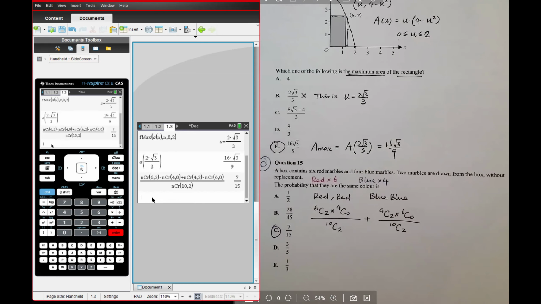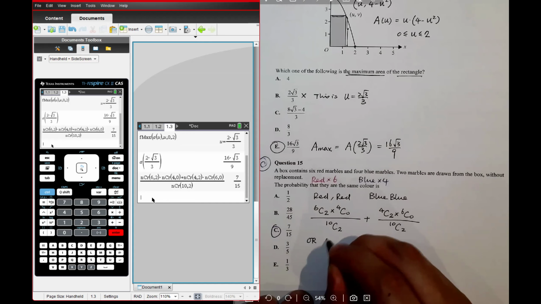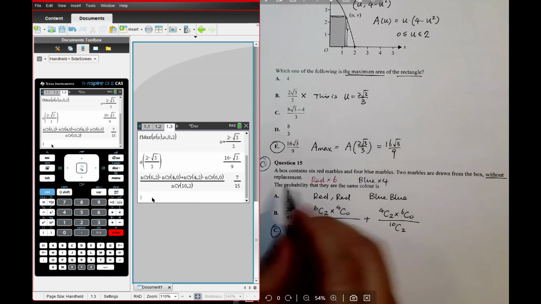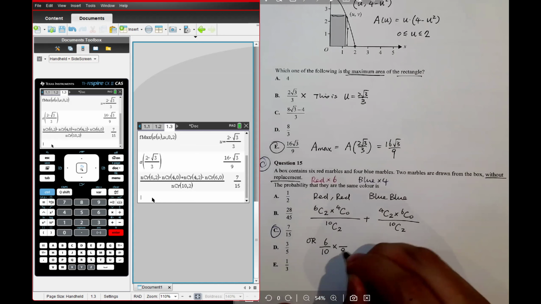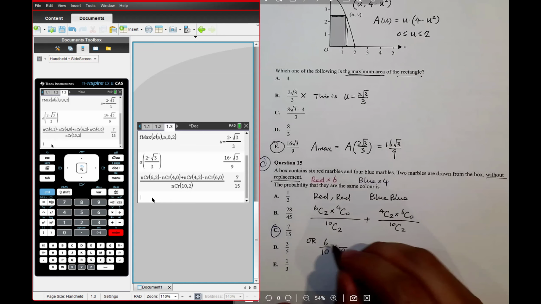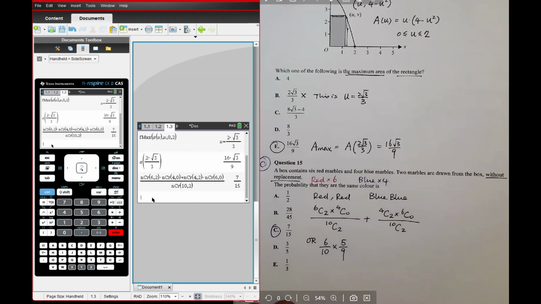But again, if you don't use the hypergeometric distribution, you might want to say, okay, red, red. If the first one is red, it's 6 available out of 10. But if you take 1 out and don't put it back, the total is 1 less. And because you already took out a red, it's 5/9.